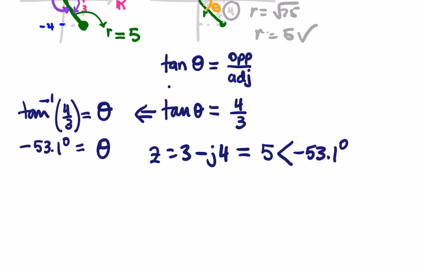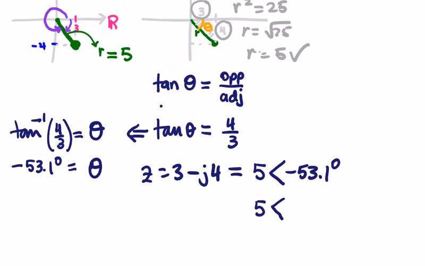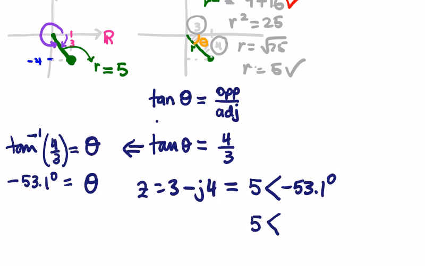This answer could also be rewritten as 5. The 5 won't change because that's the length of that segment. We could use a positive angle if we wanted. So look at the orange angle here. What's the equivalent if we went that way?